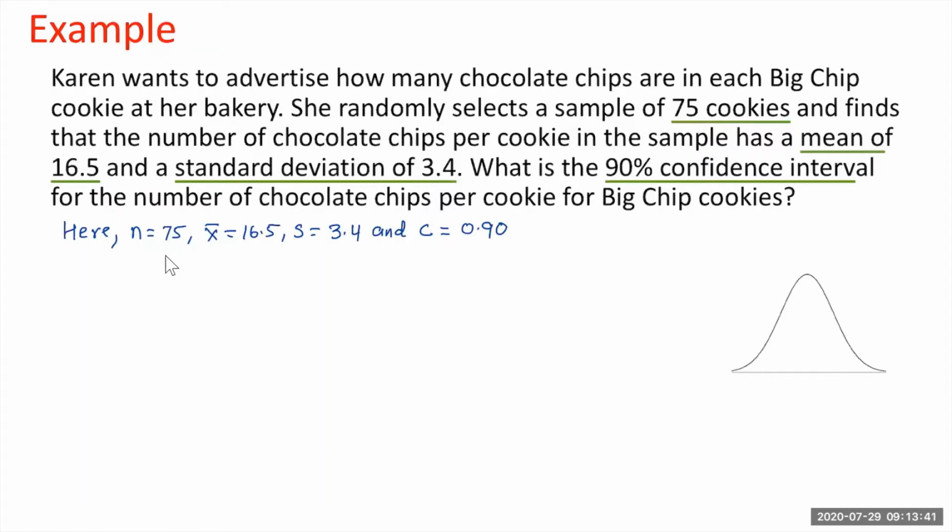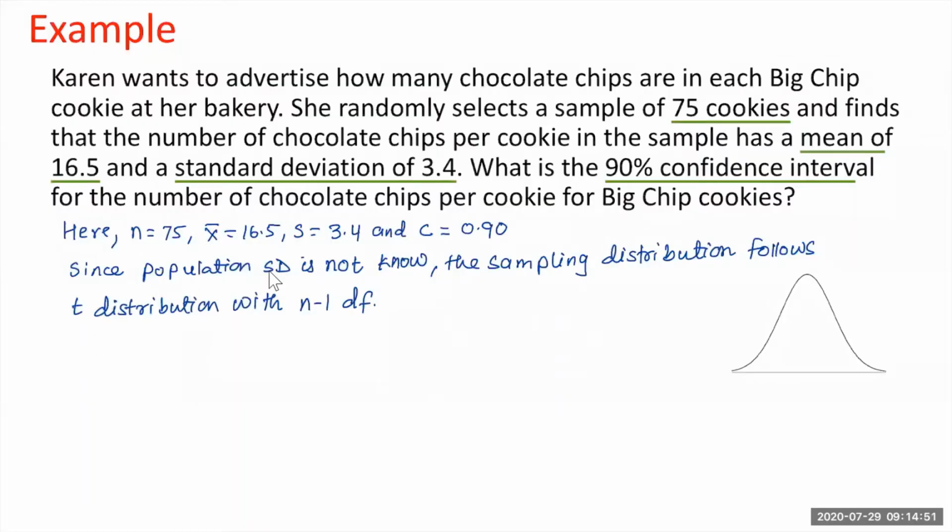So you can see here, we don't have the population standard deviation. Sigma is not given. So if sigma is not given, then the sampling distribution follows the t distribution, not the z distribution. Since the population standard deviation is not known, the sampling distribution follows a t distribution with n minus 1 degrees of freedom.